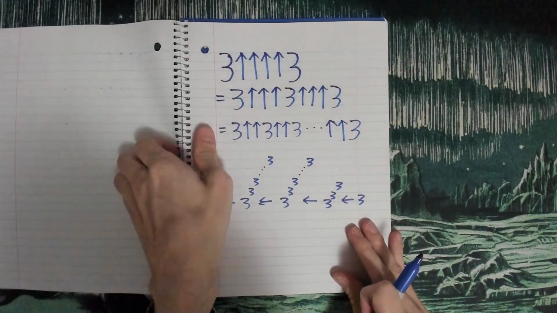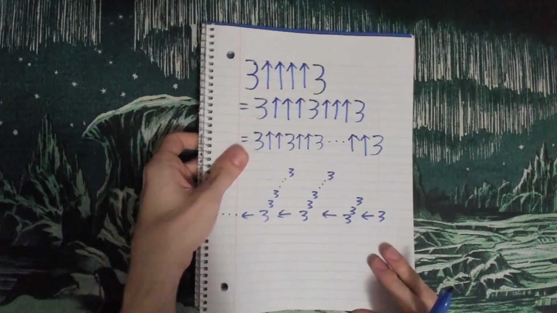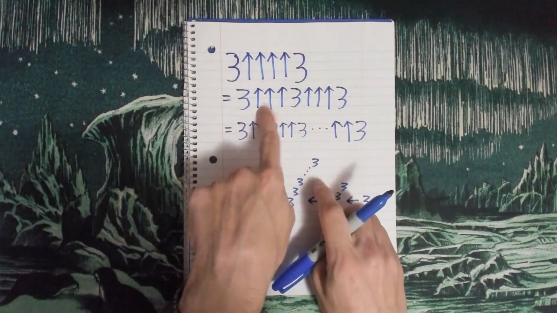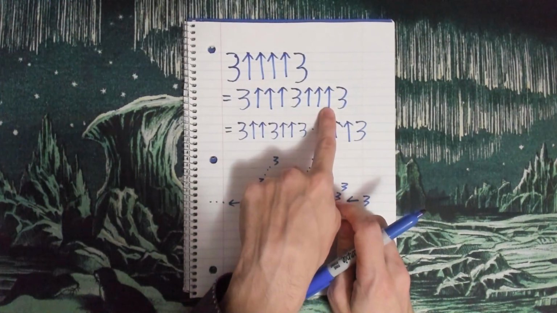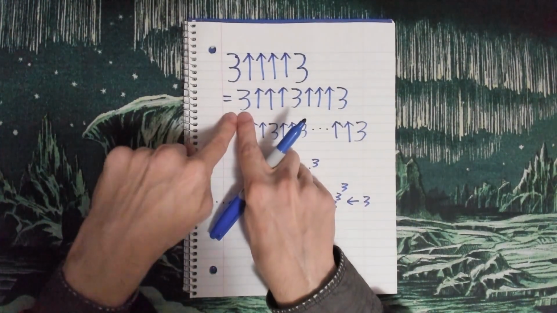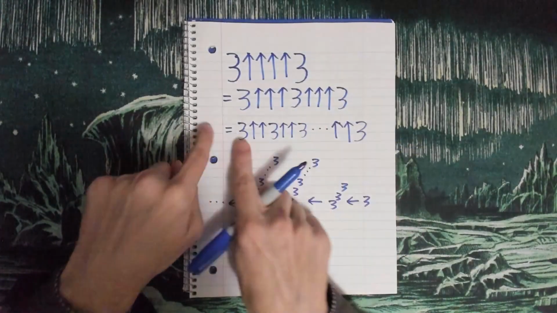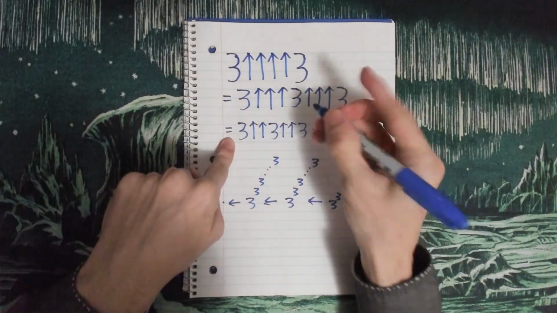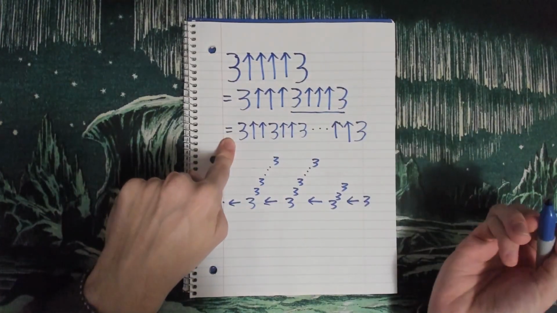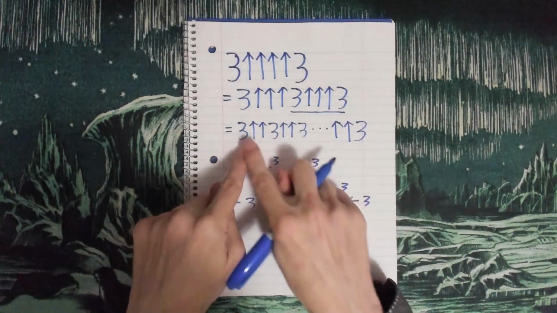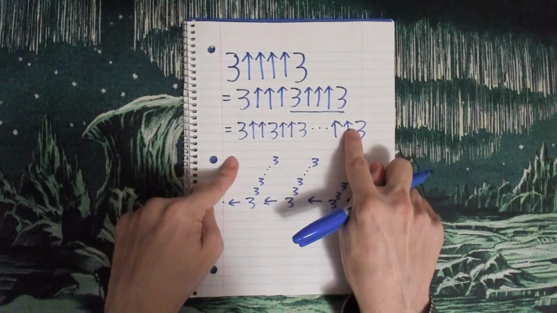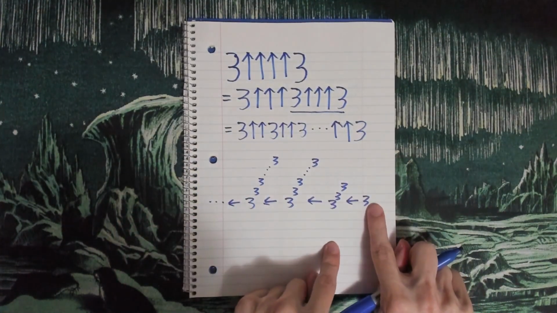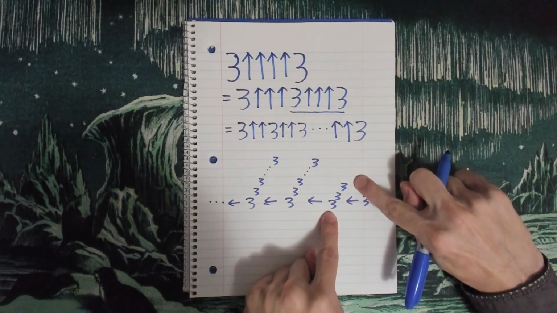So what happens if we go even further to 3 quadruple arrow 3? Now we've got triple arrows between them. So we're going to have 3 copied down this number of times. How many 3s are appearing in here? This many 3s. And now instead of single arrows between them, I have double arrows between them. So what kind of a number are we talking about here? Well, we start with 3, and then we create an exponential tower 3 high.